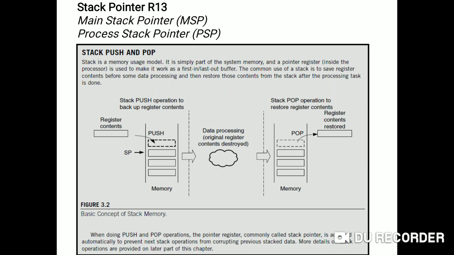The assembly language syntax is PUSH register, POP register. The Cortex M3 uses a push descending stack arrangement in stack memory operation. Therefore, the stack pointer decrements when new data is stored in the stack.